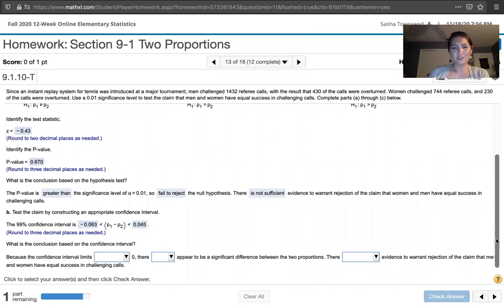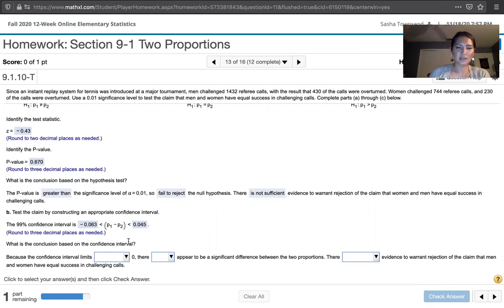in this class, so that we're assuming that P1 minus P2 is 0, so that P1 and P2 are equal to each other, that is an alternative form of our null hypothesis. Whenever we're trying to test that claim about the null hypothesis using a confidence interval, we just look at the interval and we see if 0 is in the interval.